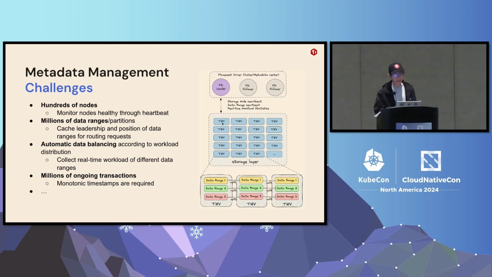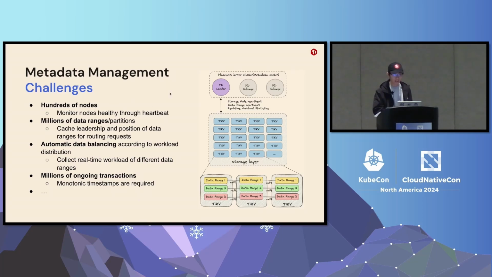If a TiKV is unavailable or has some issues, like network issues or disk issues, the PD needs to recognize it and then do the balancing. Because data is replicated across multiple TiKVs, a single TiKV's failure doesn't impact the service.